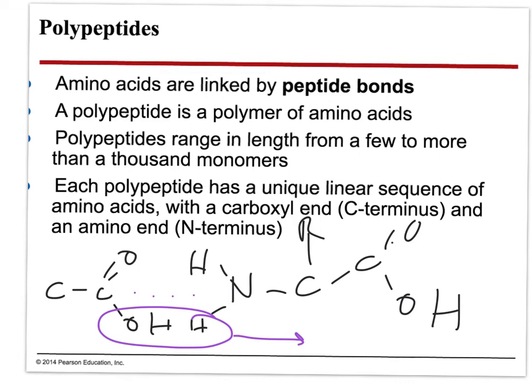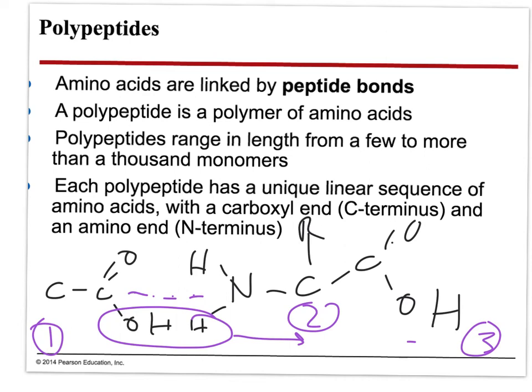That bond between carbon and nitrogen is your peptide bond. And so you have amino acid 1, amino acid 2, and we could add amino acid 3 down the line, and so on, each time having a successive dehydration synthesis reaction.